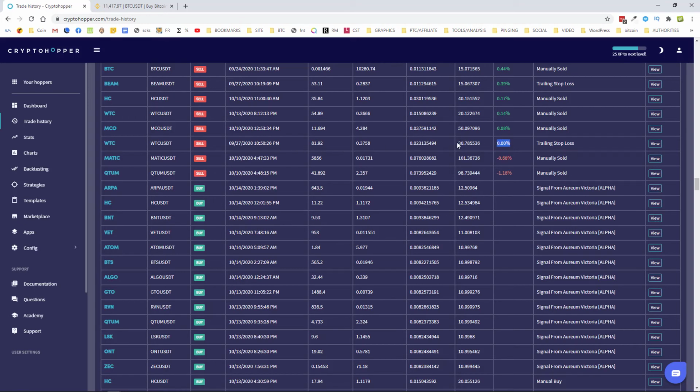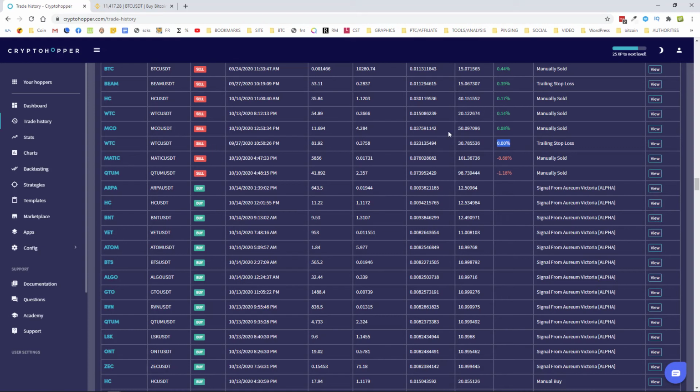So I bought $30.78 worth of cryptocurrency on this trade, and it got to the trailing stop loss point, which was 1.2%, and then it went down, but it went too fast down for the robot to sell it with a profit. So this is the only one that I've actually sold with a trailing stop loss, and it hasn't managed to make a profit.